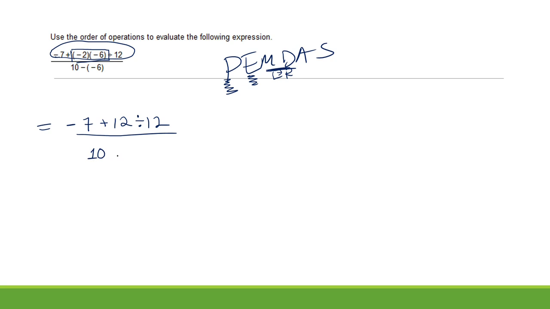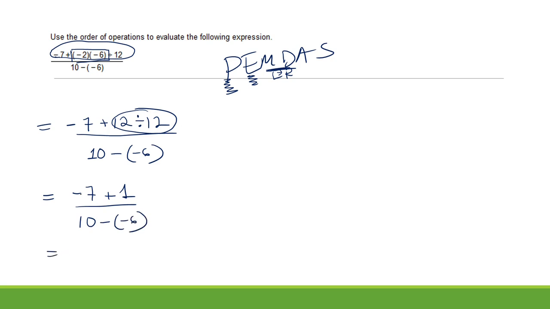Now the bottom is 10 minus a negative 6. We'll have to do the division next. 12 divided by 12 is 1.